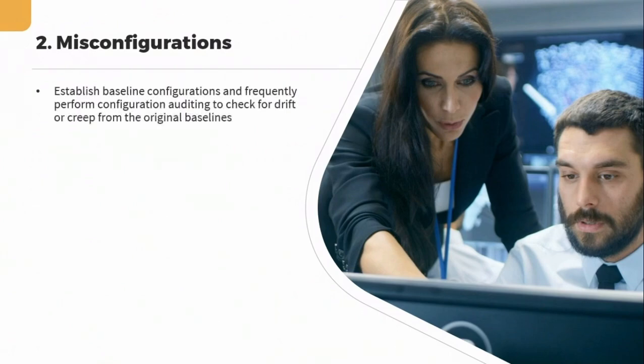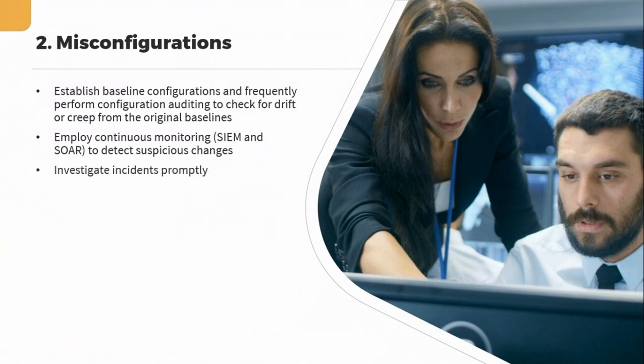Misconfigurations. Establish baseline configurations and frequently perform configuration auditing to check for drift or creep from the original baselines. Employ continuous monitoring, SIEM and SOAR, to detect suspicious changes. Look for solutions from companies like Splunk and Azure Sentinel. Investigate incidents promptly.